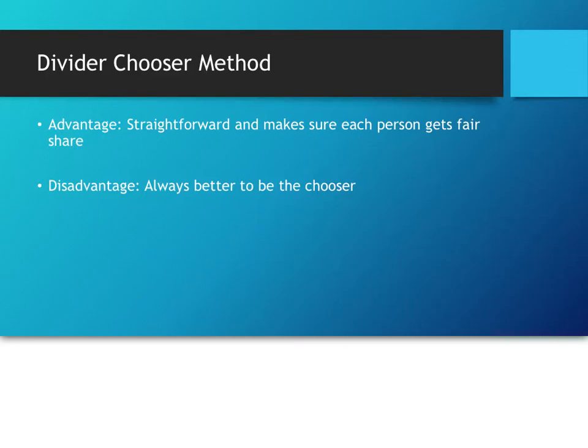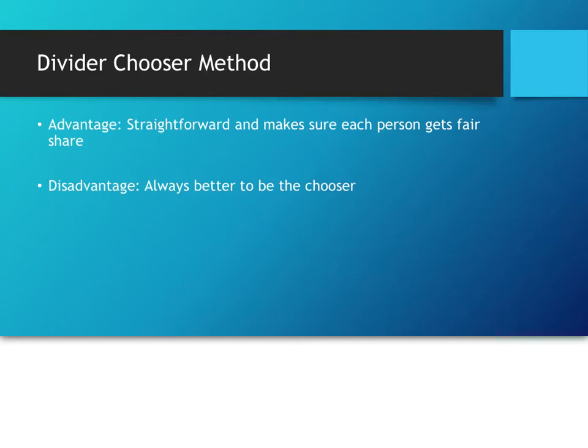Now the advantage of the divider-chooser method is that it's very straightforward. We've all seen it before. And it makes sure that each person gets their own fair share in their own eyes. Now the disadvantage is that it's always better to be the chooser. Okay?